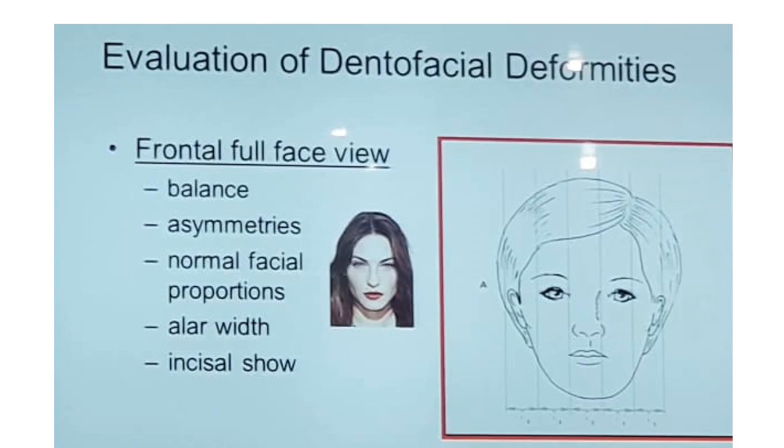The frontal view should be divided by vertical lines into 5 equal parts, and 2 lines run from the medial canthal ligament and 2 lines from the lateral canthal ligament, and in the midline the intercanthal distance, the alar base width and the chin should be equal, and these parts determine the asymmetries and the facial proportion, alar base width, and also the incisal show. Alar base width should be equal to the intercanthal distance.